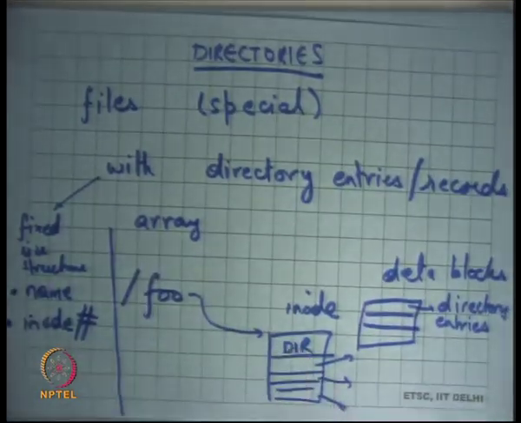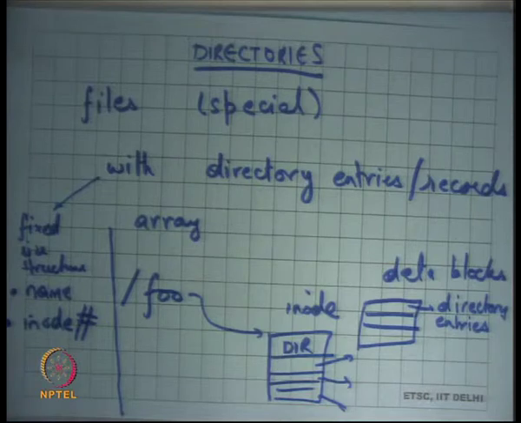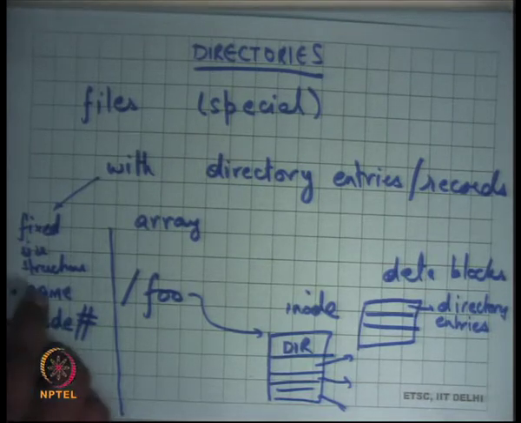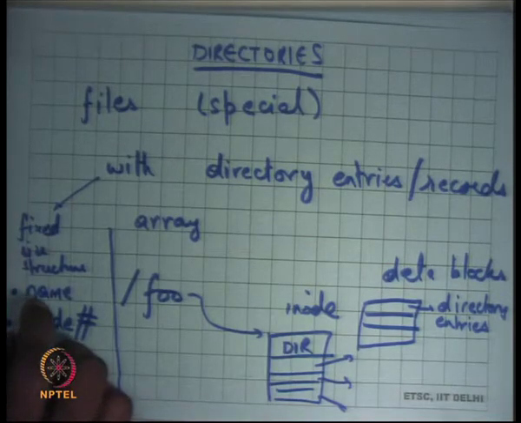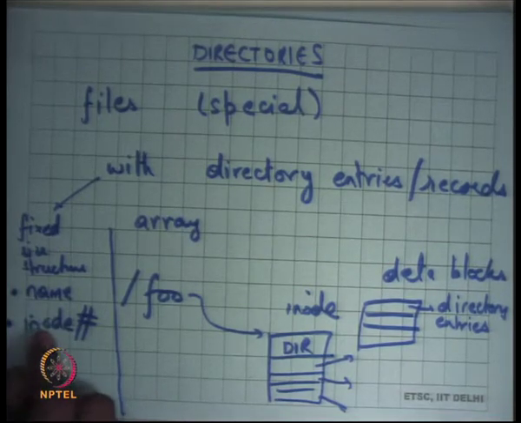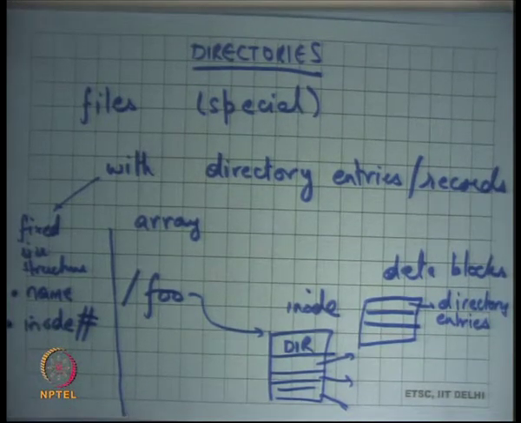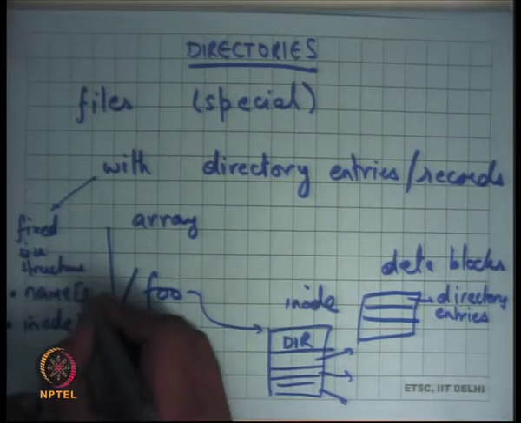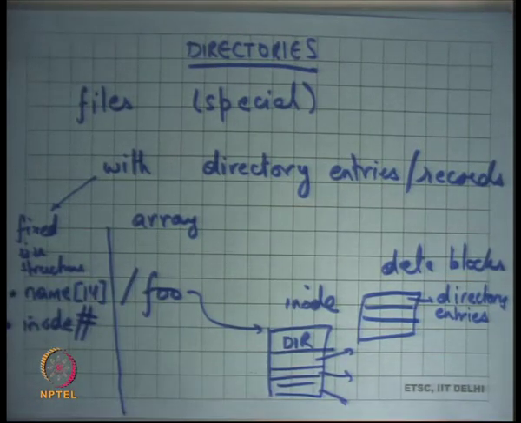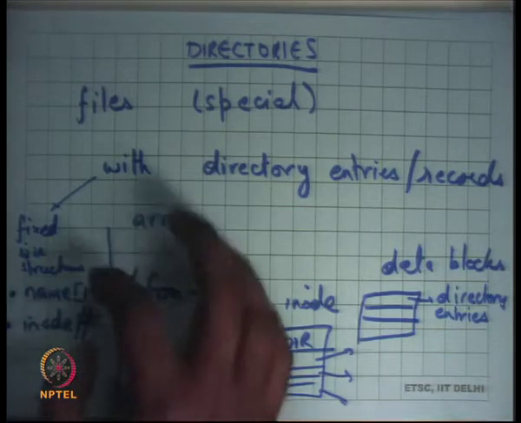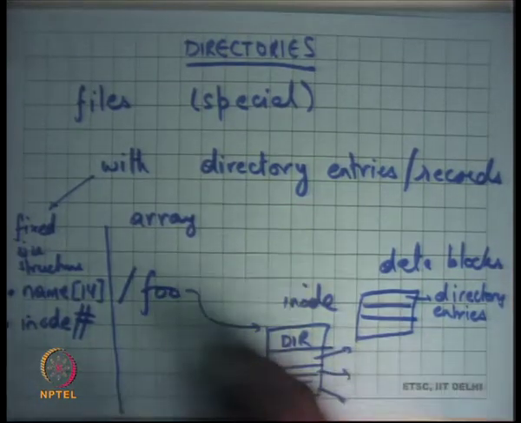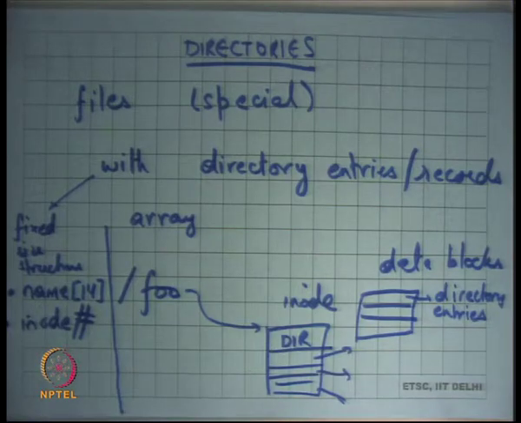So a directory entry contains the name of the file or the directory, which could be the name of a file or a nested directory, and the corresponding inode number. Okay. And x86 says I'll only allow names up to 14 characters long, so you have a fixed size on how big the name can be, and the inode number is fixed, and so there's a fixed size structure of directory entries, and that's basically used to implement directories.